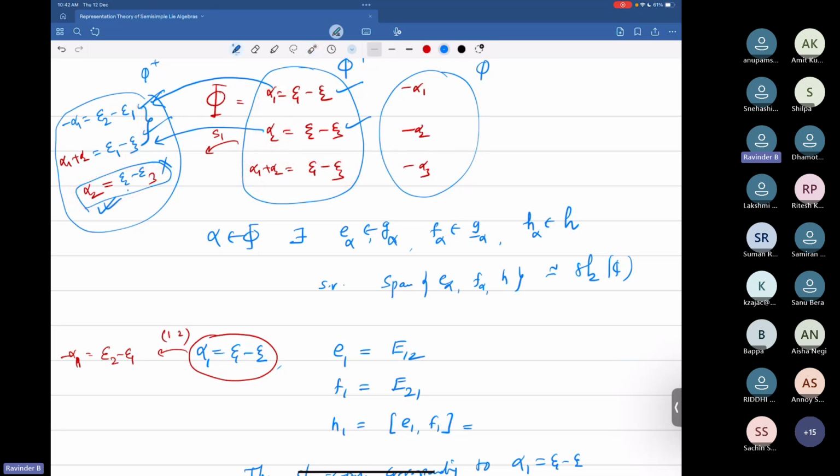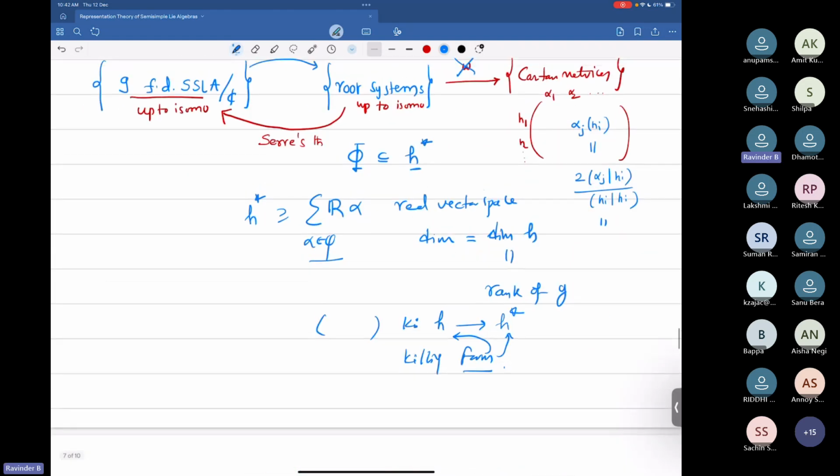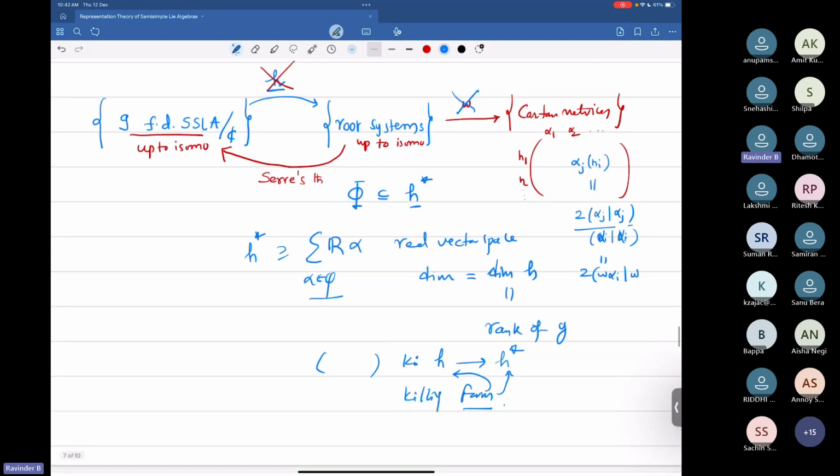So the simples are exactly the images of the simples, and this matrix will be the same under a Weyl group. So if you write only using H star, Hi is alpha i now, because there are no Hi's in your root system.